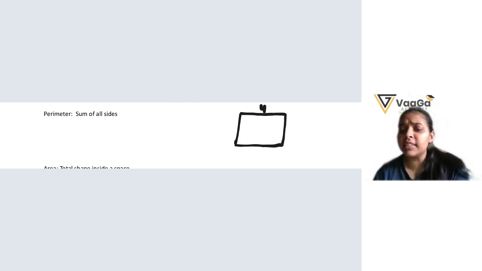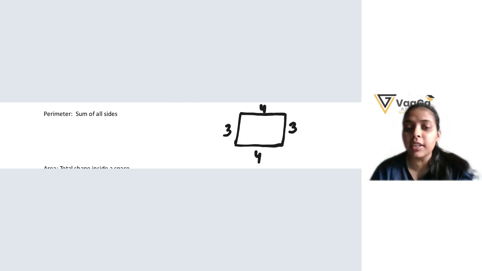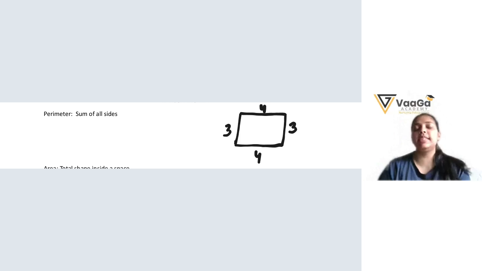If this is 4 and this is 3, can you tell me the perimeter for this? 14. Yes, it's 14.